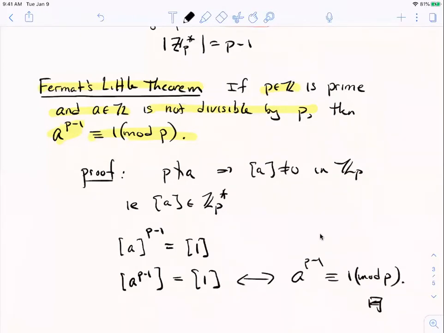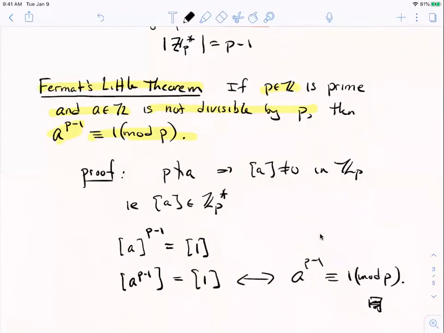So really, from an abstract algebra group theory point of view, Fermat's little theorem is just a fact about finite groups, that ZP star is a group of order p minus 1. So you raise an element of a group to the order of that group, you're going to get the identity.